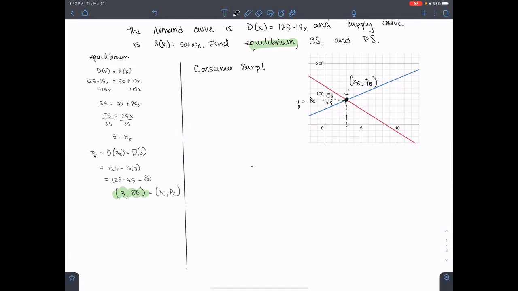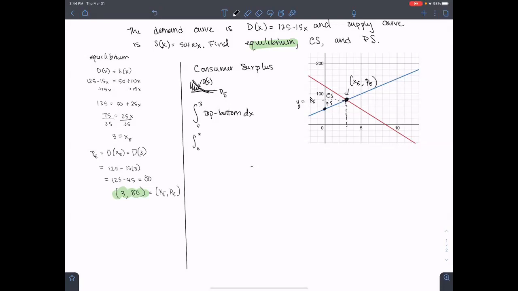To do the consumer surplus, we are looking at the area under the demand curve, but above equilibrium. So we're looking at this area here. This is d of x, and this is p sub e. So we're going to do the integral of top minus bottom. In this case, our x values are going to go from 0 to 3.